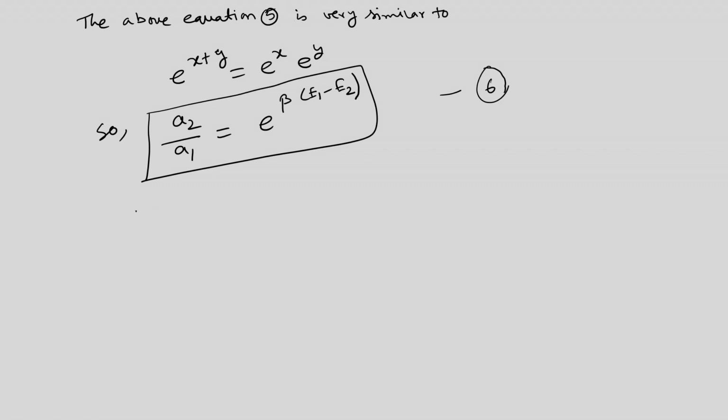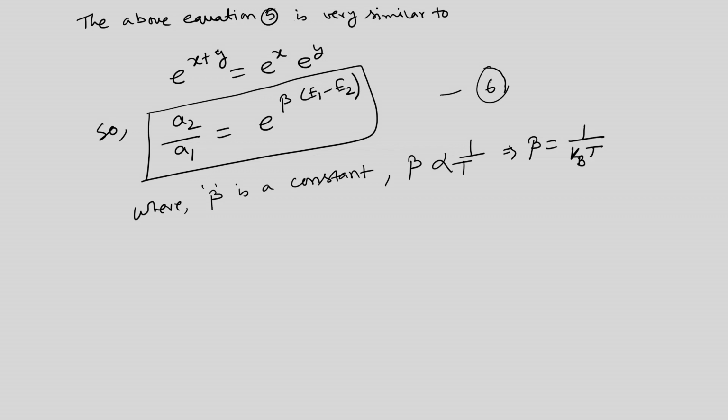So, in general, beta is a constant. And we will later see that beta is inversely proportional to absolute temperature, or we can write beta is 1 by kB T, where kB is the Boltzmann constant. That we will prove later. For the time being, you assume beta is a constant.